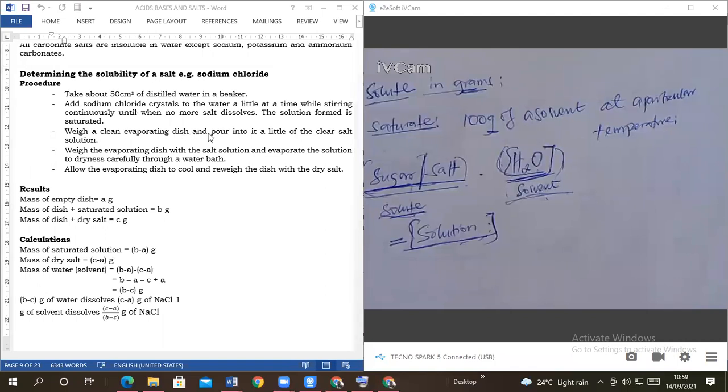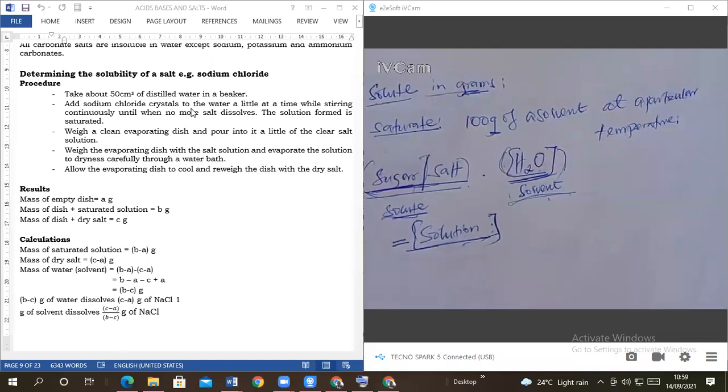Pour into it a little of the clear solution, the saturated part, not the undissolved salt. Then weigh the evaporating dish with the salt solution and evaporate the solution to dryness carefully. The reason why we evaporate, we know because we prepared some salts this way.